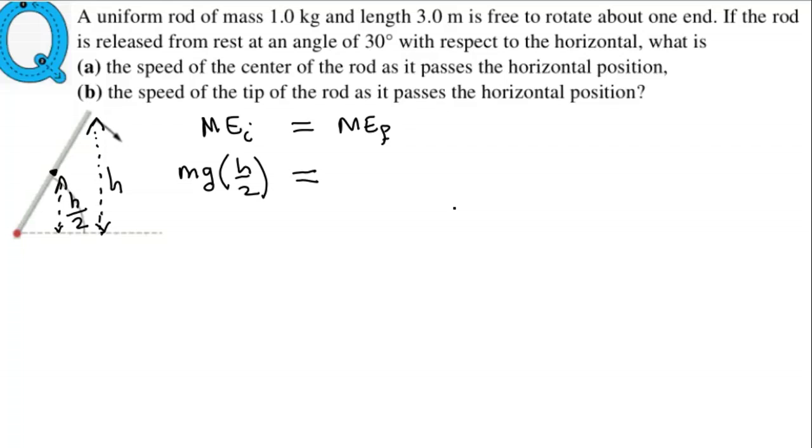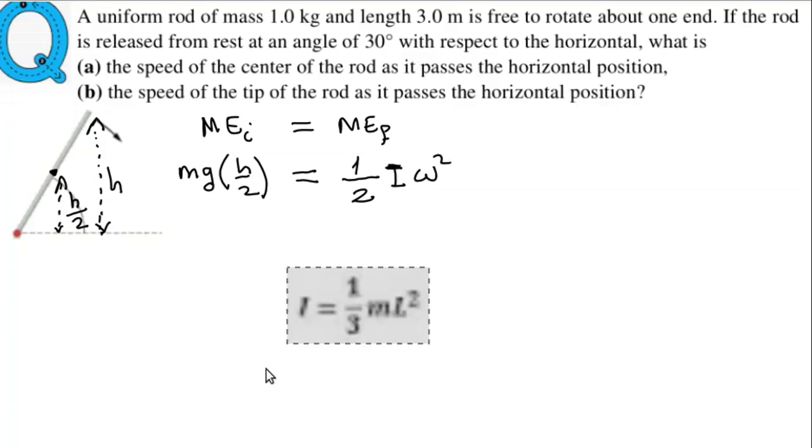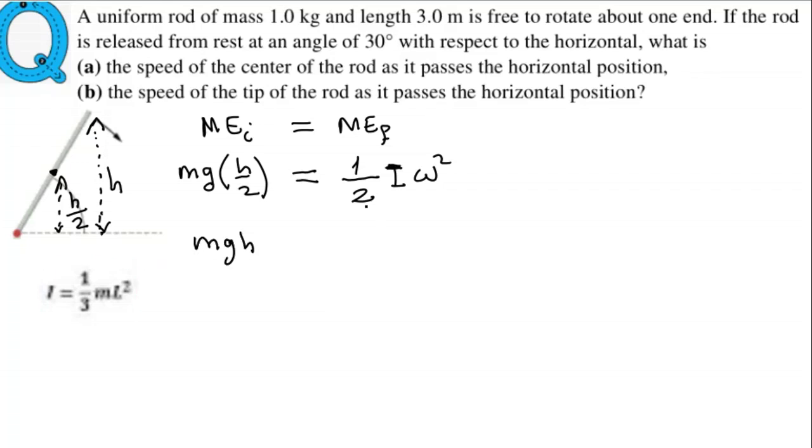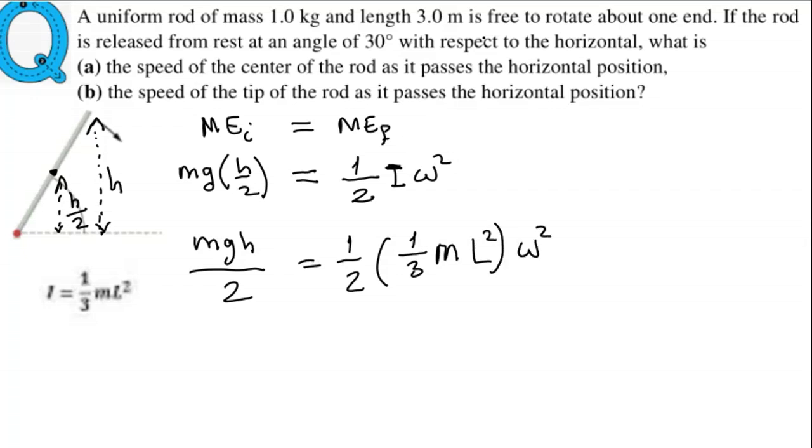While it is passing the horizontal position, we have only rotational kinetic energy, 1/2 I omega squared. Moment of inertia for this type of rotation is given as 1/3 mL squared. With that, we rewrite mgh/2 equals 1/3 m L squared omega squared.